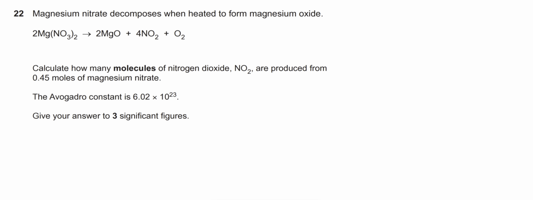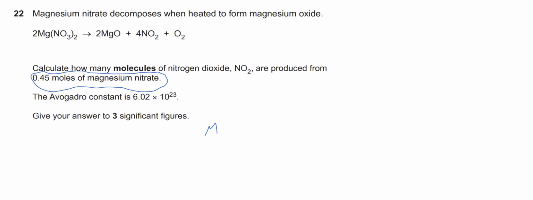So the most important piece of information in the question is that you have 0.45 moles of magnesium nitrate. And they want you to find out how many molecules of nitrogen dioxide you get from that many moles of magnesium nitrate. So the first thing to do is look at the ratio in the balanced equation between magnesium nitrate and nitrogen dioxide.